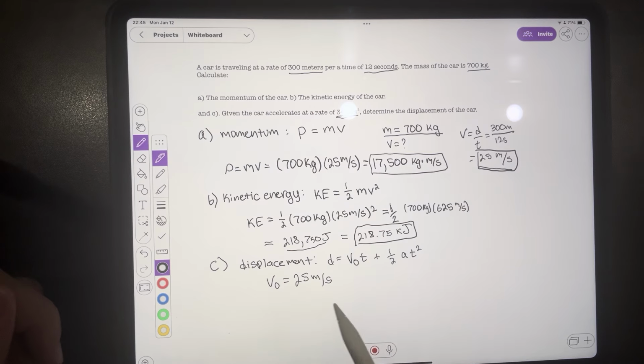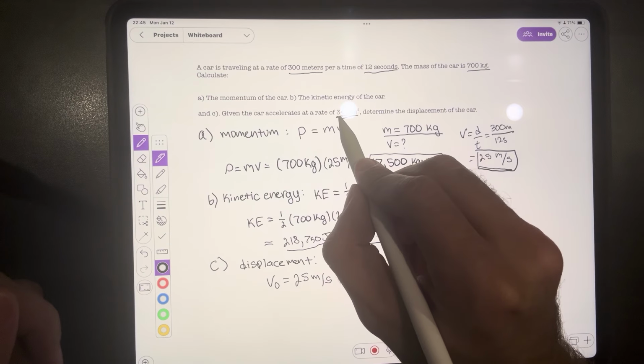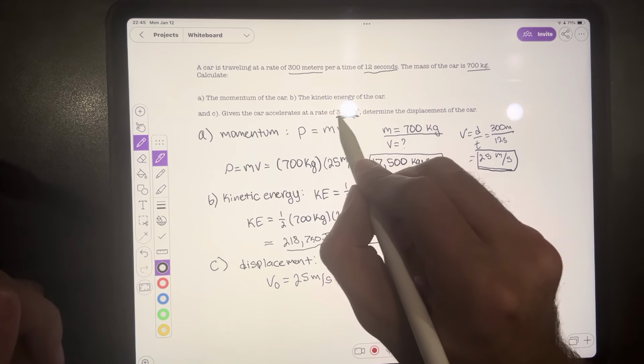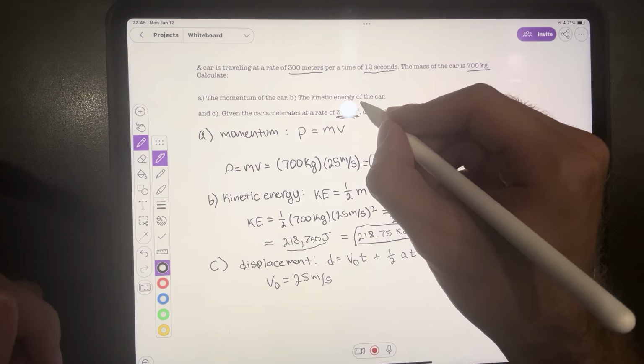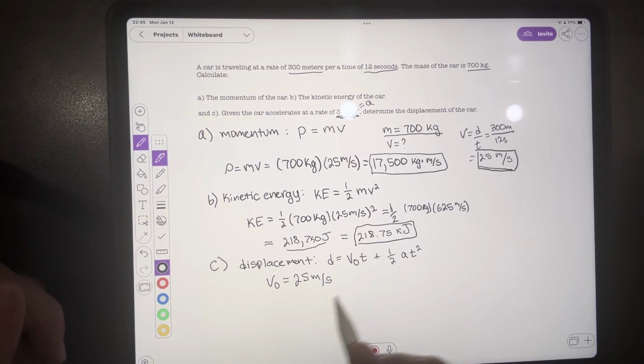Now, for the acceleration, we have that the car picks up speed and begins driving at 34 meters per second squared. So that would be like our acceleration in this case.